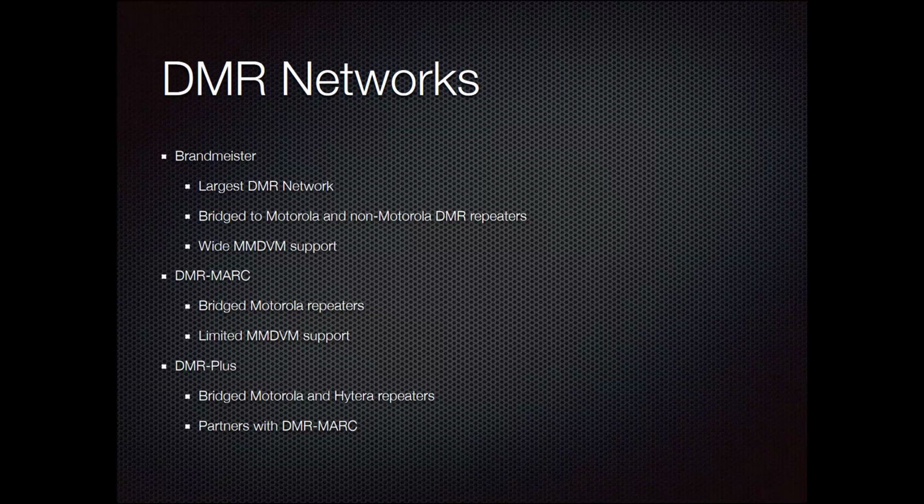They do allow for C Bridge links to the DMR MARC network, but Brandmeister is mainly for MMDVM hotspot users. DMR MARC are for your C Bridge users and your Motorola radios, and I believe Hytera as well. There are some Hyteras online on the DMR MARC network.